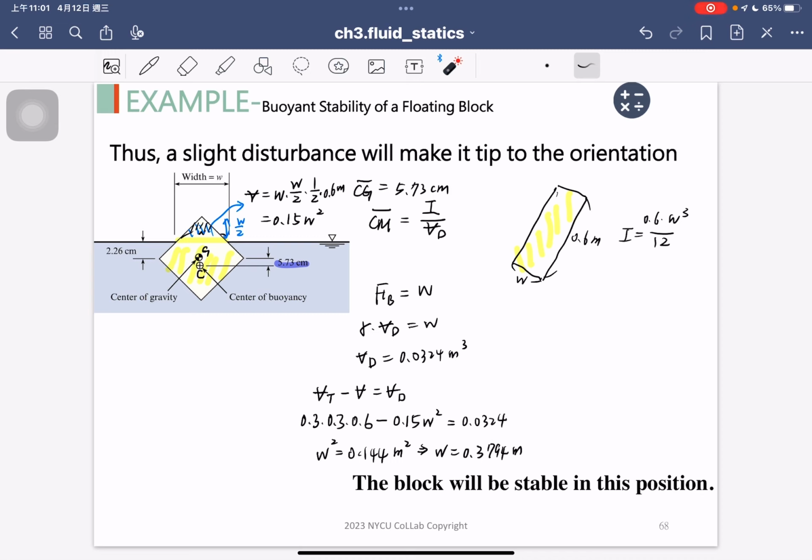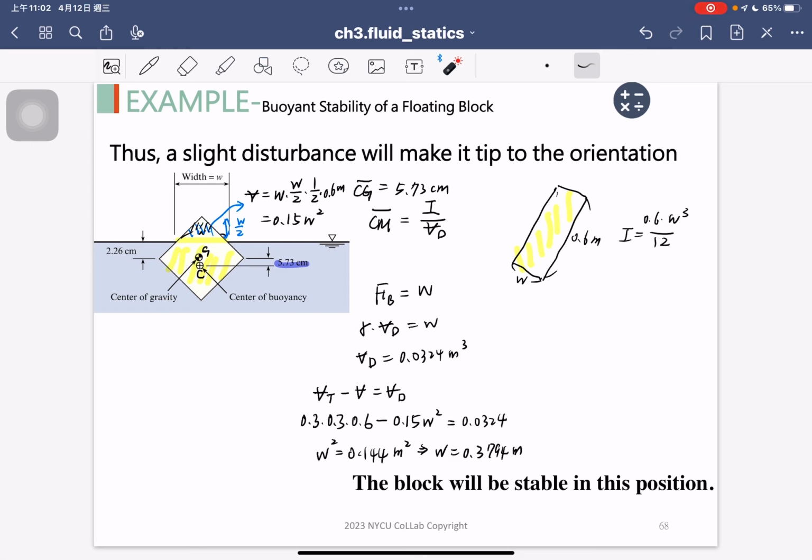We have a time limitation, so you can compute the I on your side, and then finally you can put the I back here and compute how large the CM distance you have.